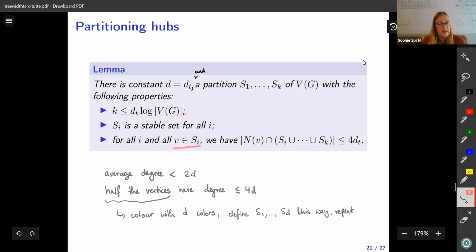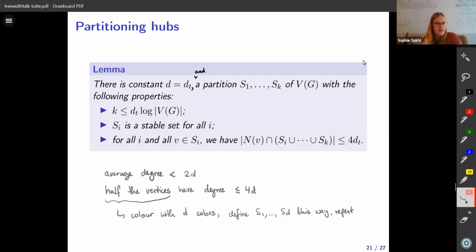And for each vertex, its neighbors in future sets that were made later are only a handful, because we started by deleting vertices of small degree. And then in what's left over, we found vertices that now have small degree. So they might have lots of neighbors in the previous set, but not a lot of neighbors going forward.